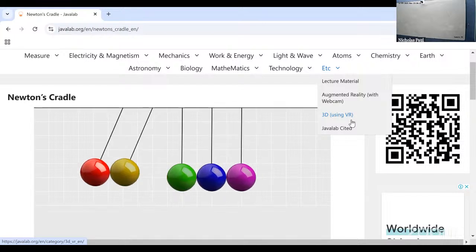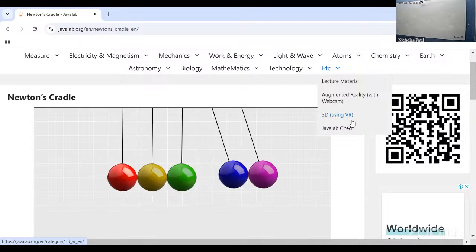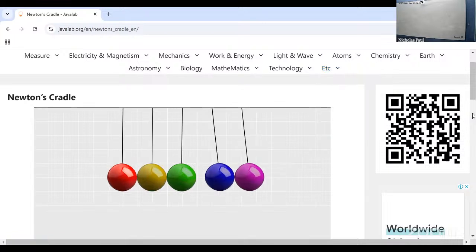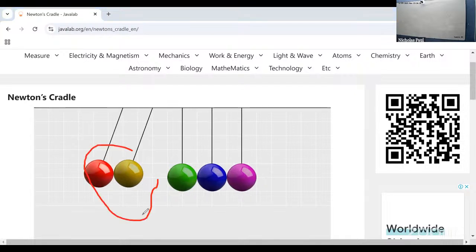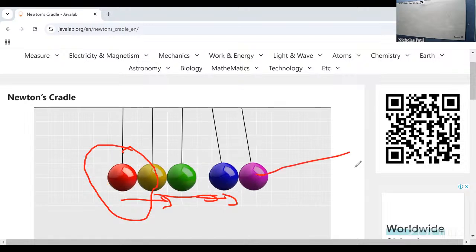You know the law: every action has an equal but opposite reaction. What's happening here is that these two masses apply a force here, and there's an equal and opposite force here.